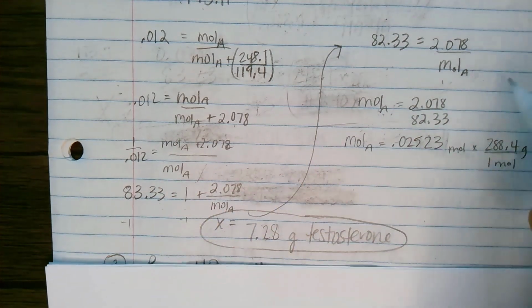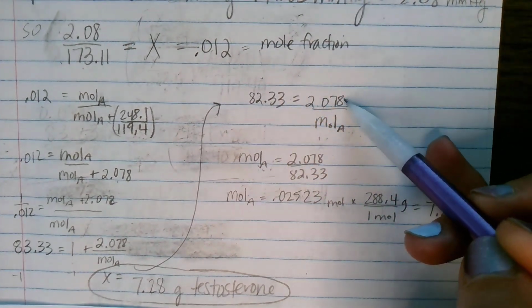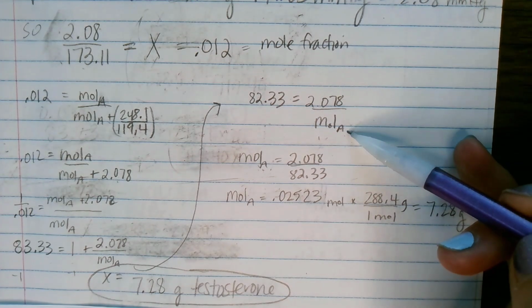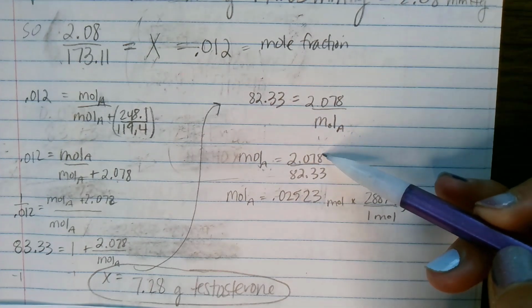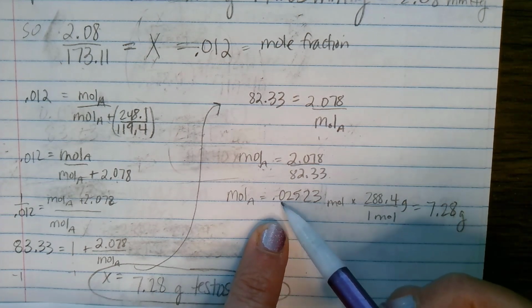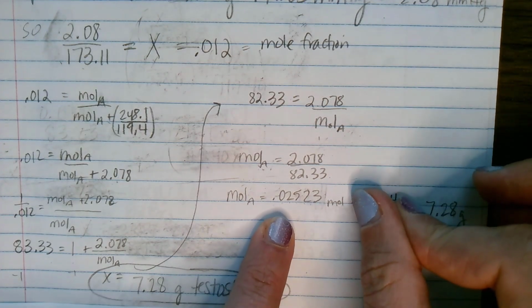Subtract 1 from both sides, leaving me with 82.33 equal to 2.078 over mole A. And then I can rearrange this and say the mole A is 2.078 divided by 82.33 to get 0.02523 moles. And that's moles of testosterone.